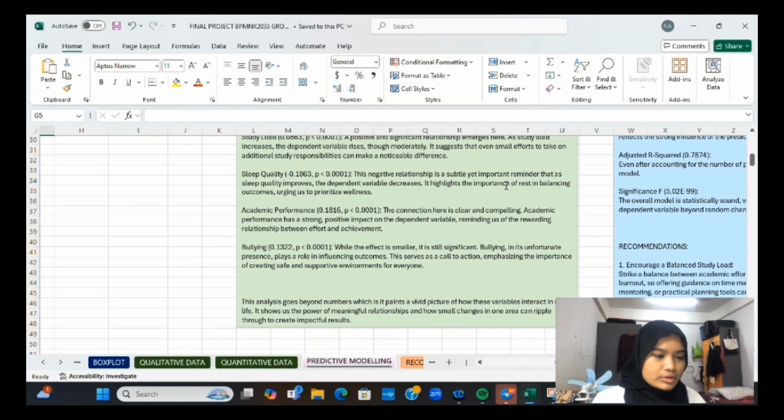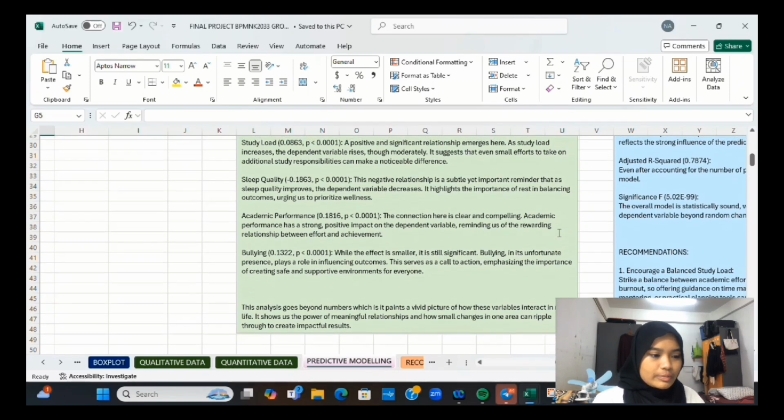This analysis goes beyond numbers, as it paints a vivid picture of how these variables interact in real life. It shows us the power of meaningful relationships and how a small change in one area can ripple to create impactful results.